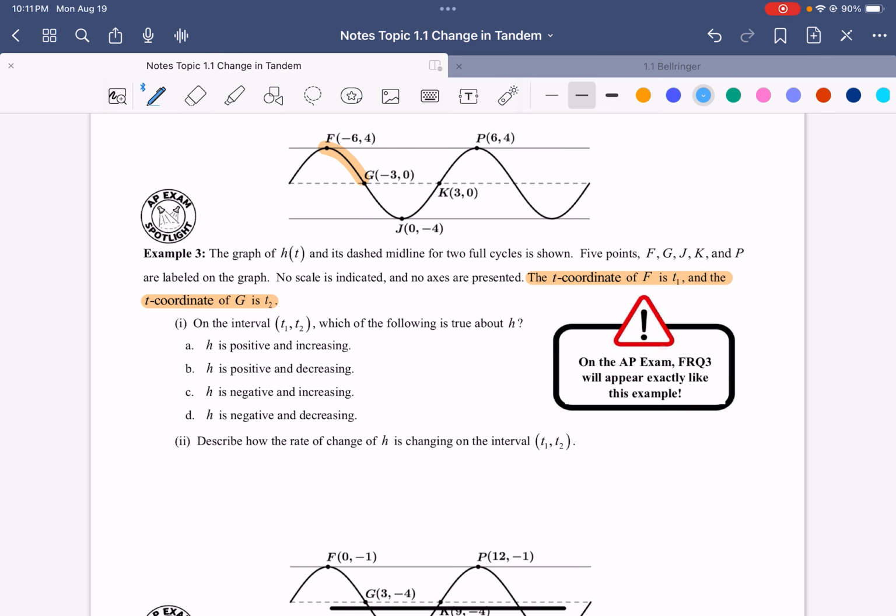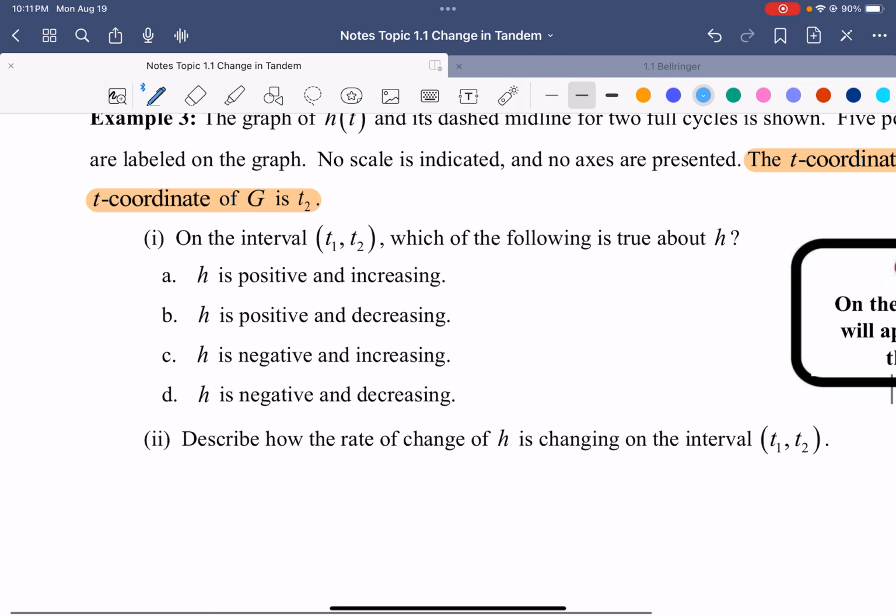Now, if we look at these answer choices, there's two statements here. And it gets confusing when they combine two words together with an and. So what I want you to do is separate those two statements so that they're separate statements. So you see how this H is at the front? I want you to just repeat that H is on the back. So when you read it, you say H is positive and H is increasing.